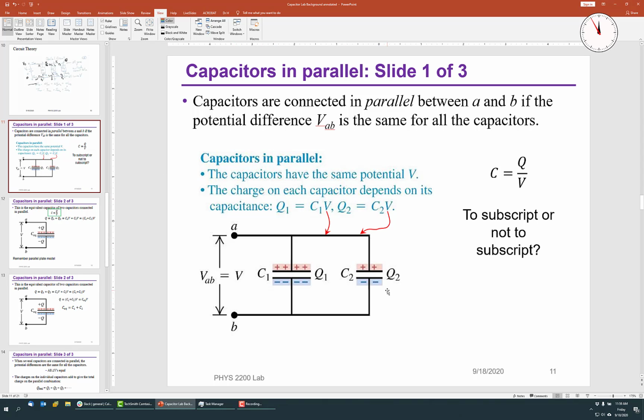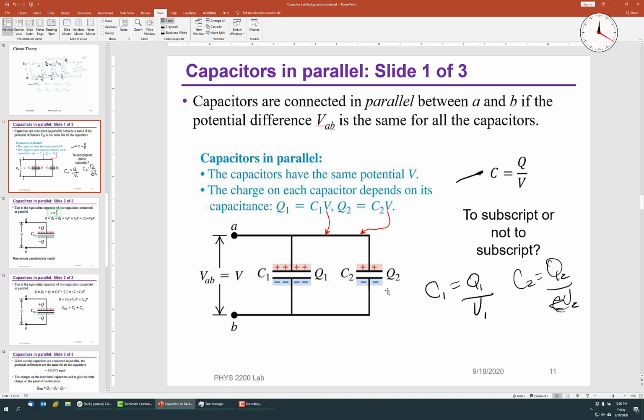Well, what happens is here, because I can apply this definition to any capacitor, so I can apply to C1 equals Q1 over V1, and C2 equals Q2 over V2.